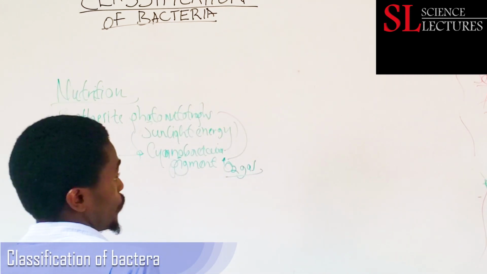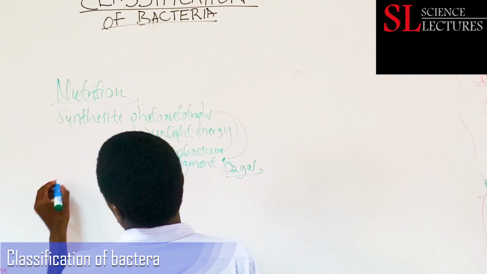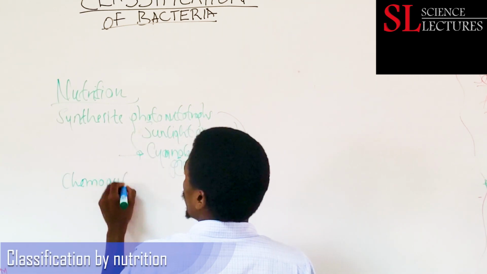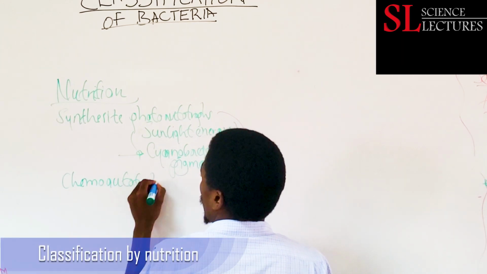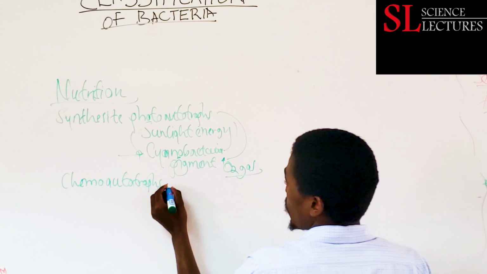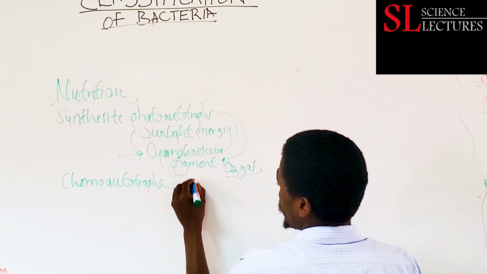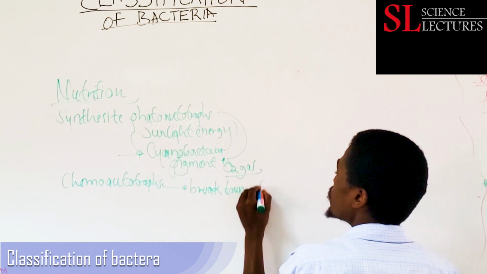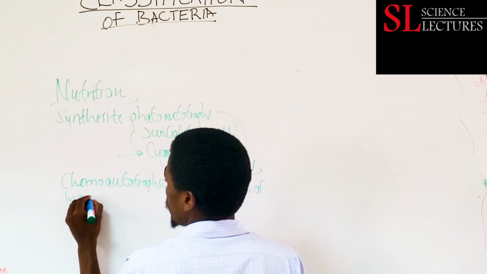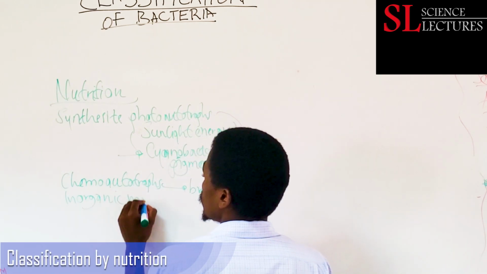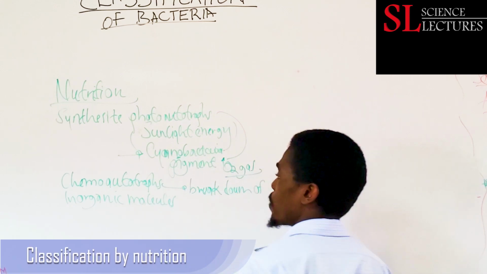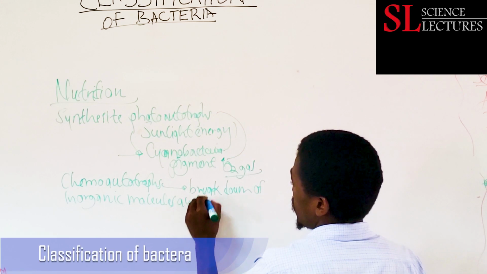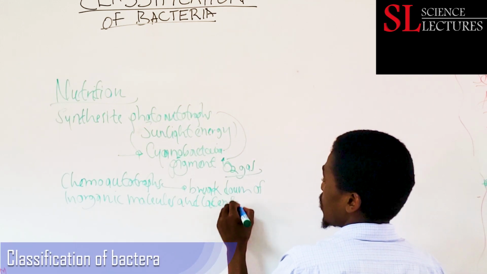So that is basing on nutrition. We can have bacteria that are photoautotrophs. Then we can also have bacteria that are chemoautotrophs, and these chemoautotrophs will obtain energy from the breakdown of inorganic molecules, and they will later synthesize food.